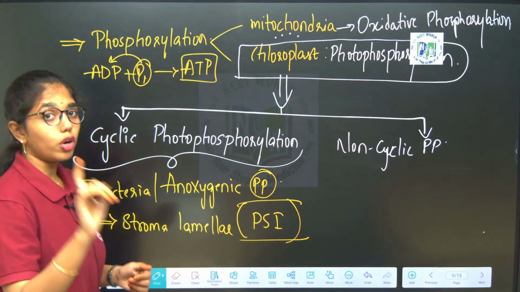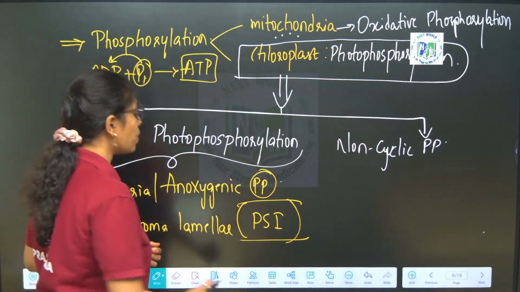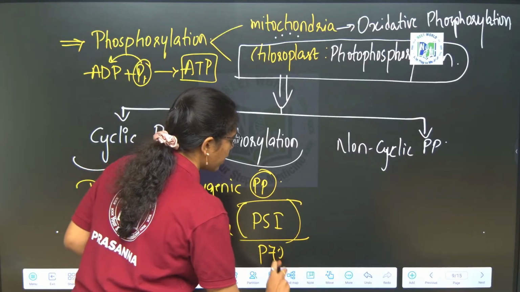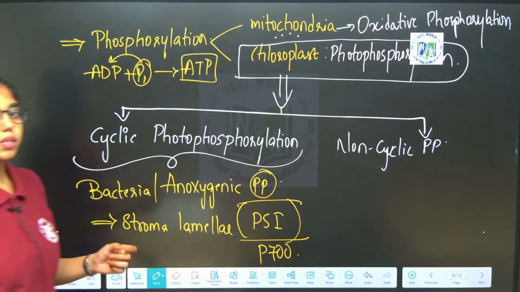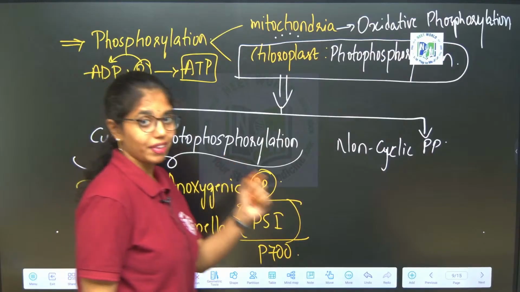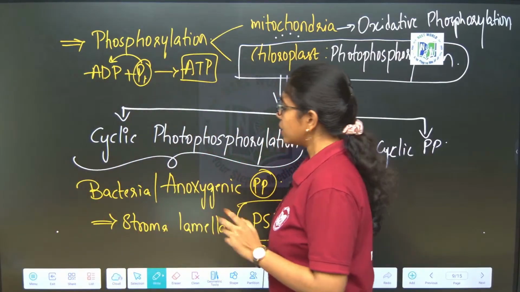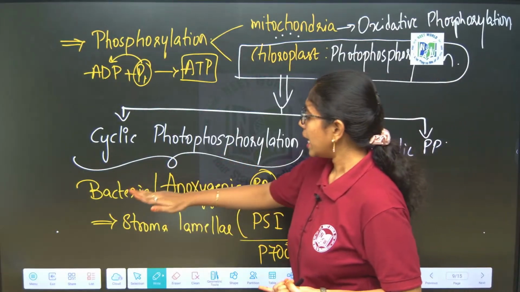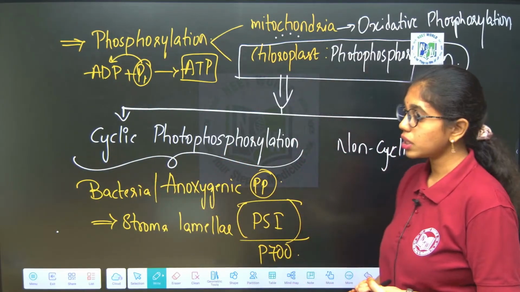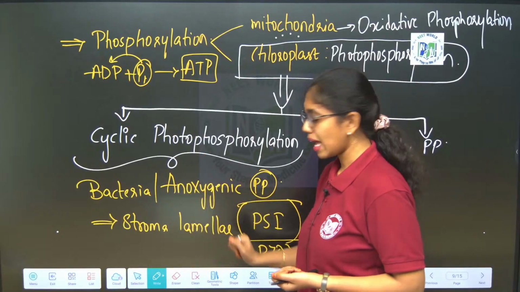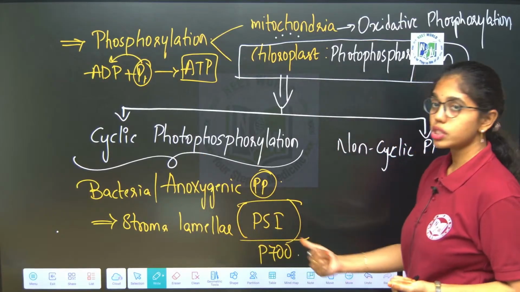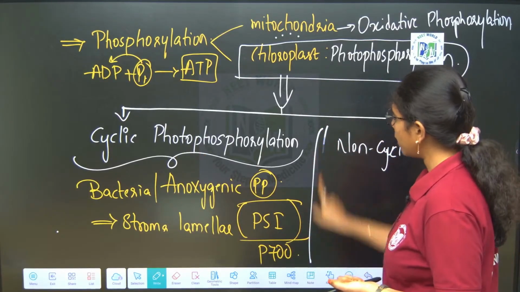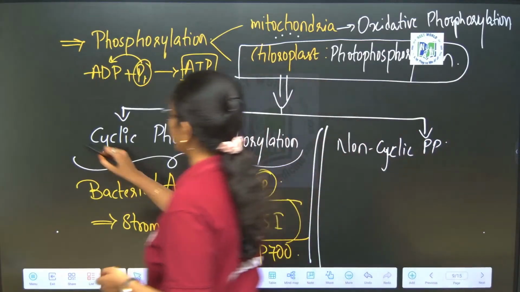When there is only photosystem 1, what will be the maximum wavelength? P700, that is the maximum absorption wavelength of the reaction center. So cyclic photophosphorylation occurs in bacterial or anoxygenic photosynthesis, where only stroma lamella, which has photosystem 1, that is P700, is involved. Clear, right?